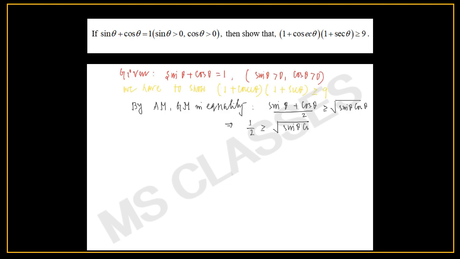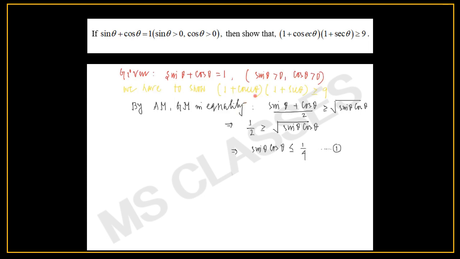We can apply this because both quantities are given as positive numbers. Now if we simplify further, we see that sin theta cos theta is less than or equal to 1 by 4. And we mark this as equation 1, because this is the conclusion which we have drawn from the given information.